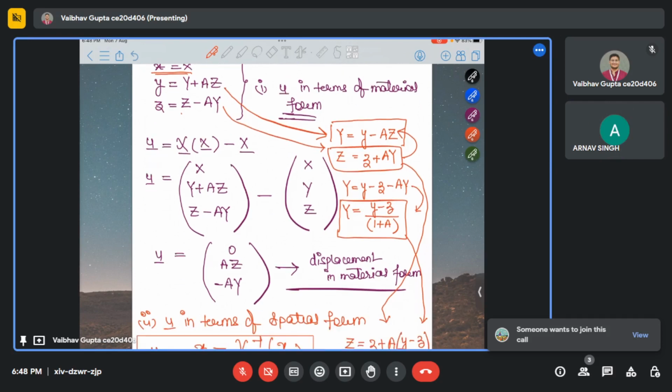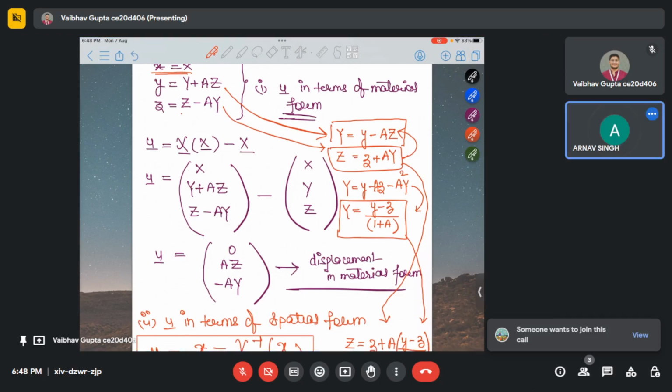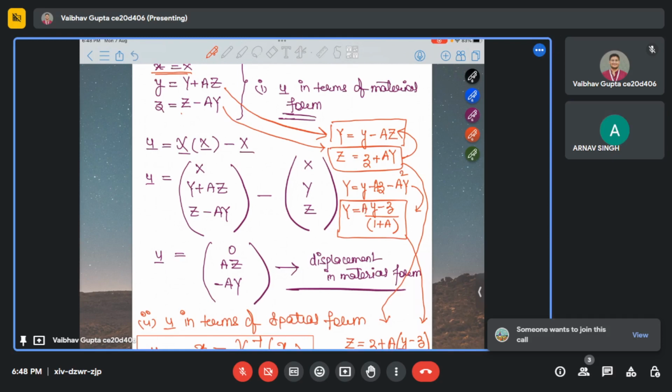Here, when we substitute this capital Z, it will become AZ. Y minus AZ minus A square Y. Now it's correct? So it will become this.